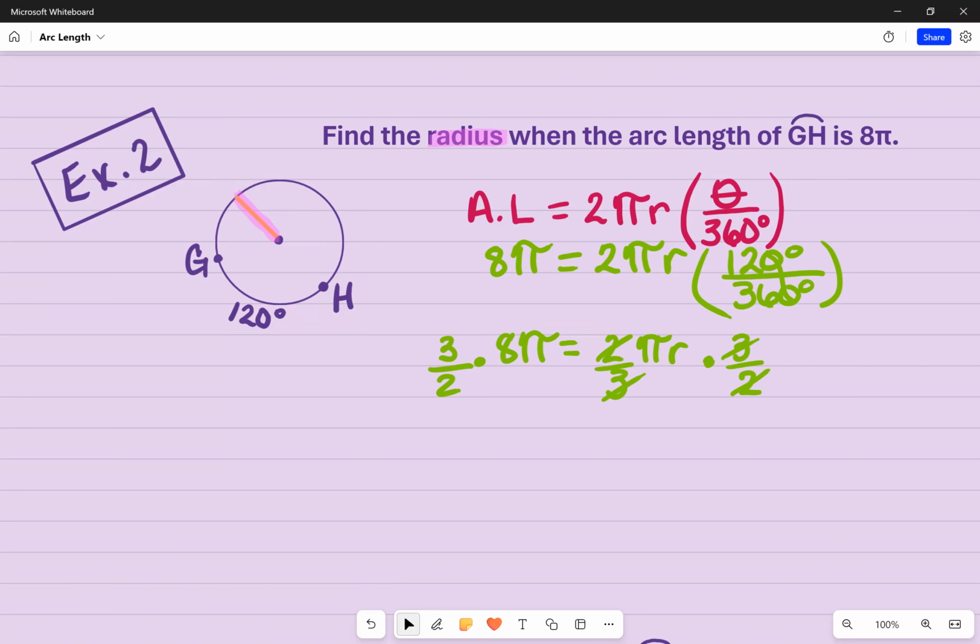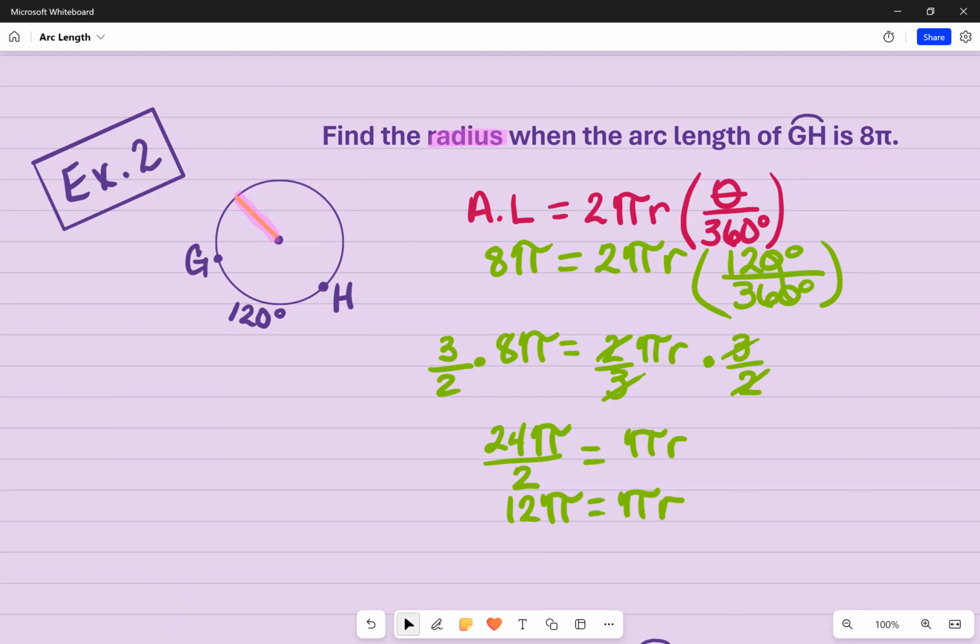On the left-hand side, 3 times 8 pi is going to be 24 pi, but I still have divided by 2. And on this side, it is pi r. Now, if I simplify 24 divided by 2, that's going to be 12 pi is equal to pi times r.